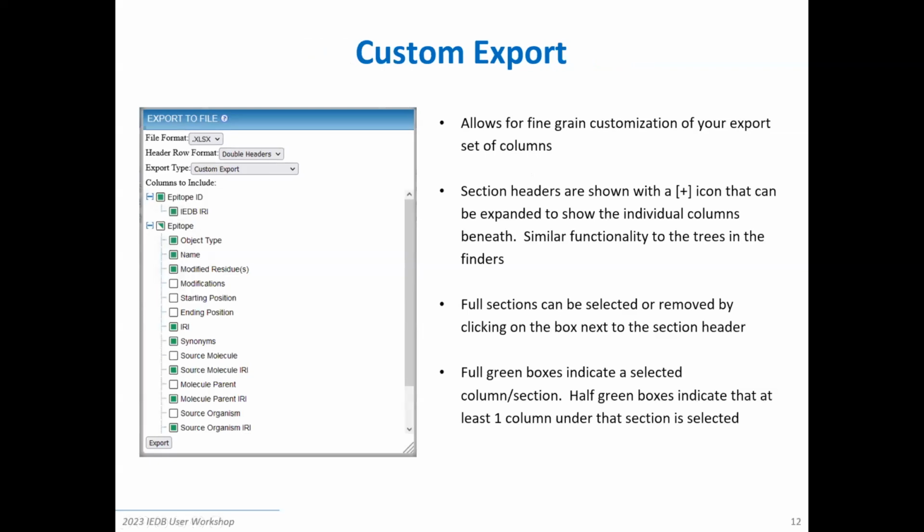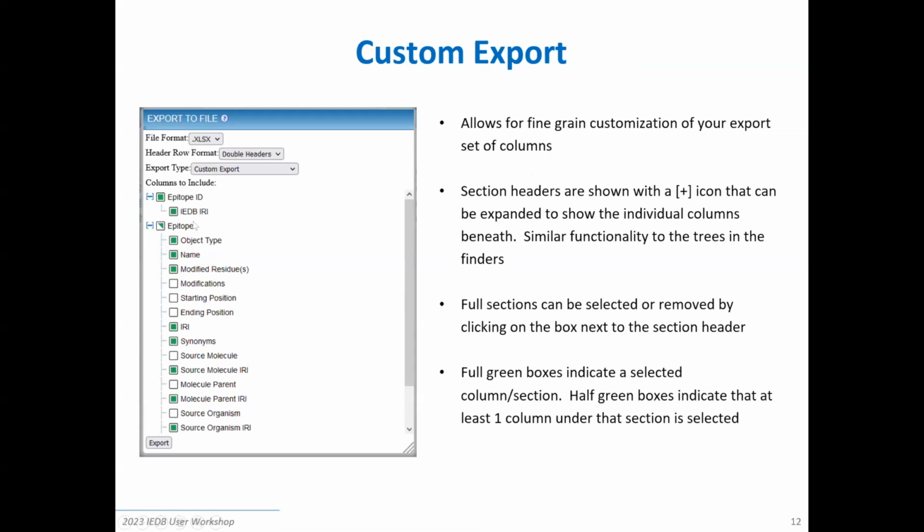So now the meat and potatoes, so to speak, of this custom export feature is the ability to completely customize your field sets of what you want from the IEDB, your IEDB query. It allows you to expand all of these sections that you can see over here to see all the subfields.